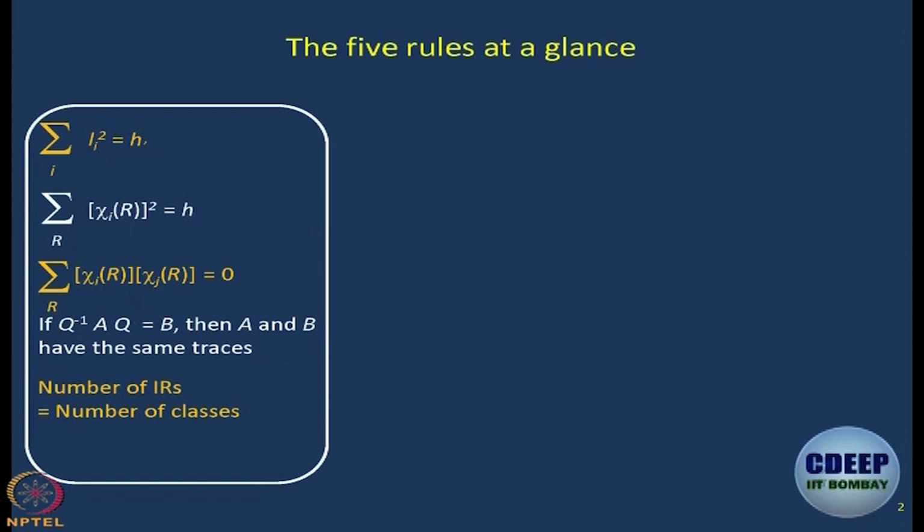It can be derived using group theory. Number of irreducible representations, IR in this context means irreducible representation, is equal to number of classes. Okay, that is the first rule. How it comes, we are not deriving. In this course, we take it axiomatically, unfortunately.